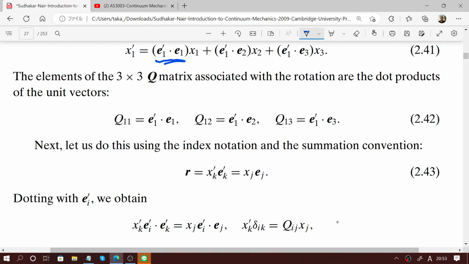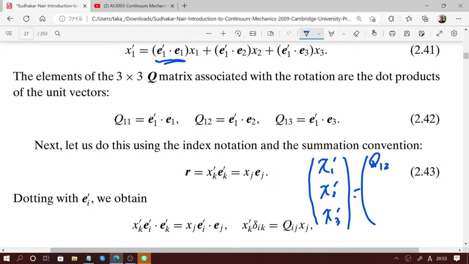We want a matrix which can convert x1, x2, x3. Then you have Q11, Q12, Q13, Q21, Q22, Q23, and Q31, Q32, Q33.